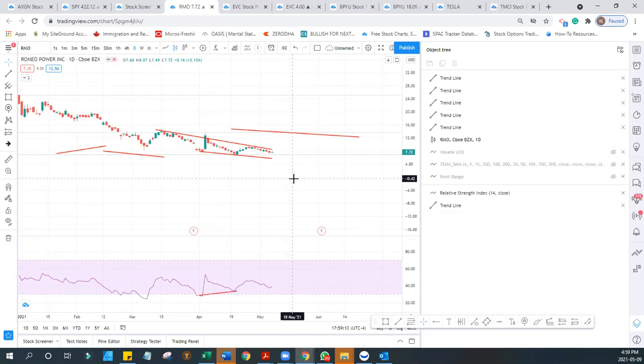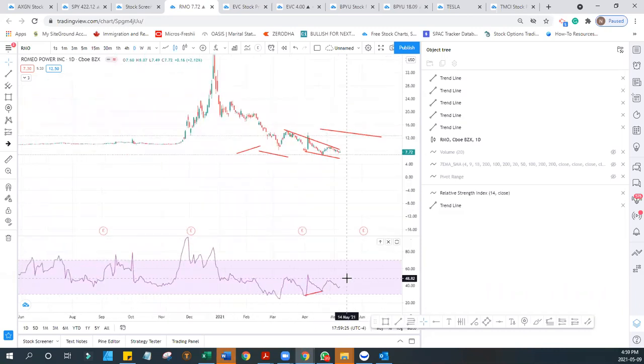Do not buy it now. Do not average it now. I would wait until the consolidation is gone, until you see the momentum coming back, until you see 50 or 60 crossing on RSI and supporting. Then you go long.